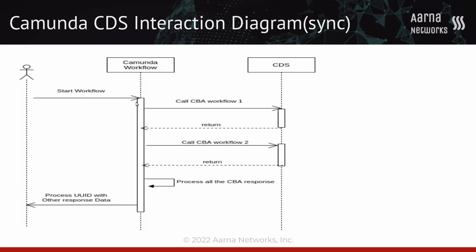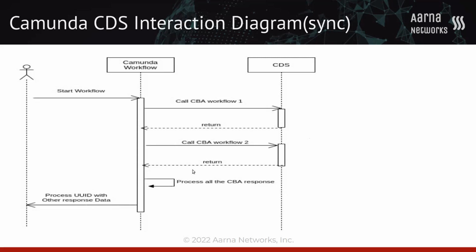Just as an example, this workflow will call a CBA workflow 1, which is deployed in the CDS. So in the runtime, we trigger this CBA. This CBA returns some values back to the workflow. Again, we will call a different CBA workflow, and then this returns the response.